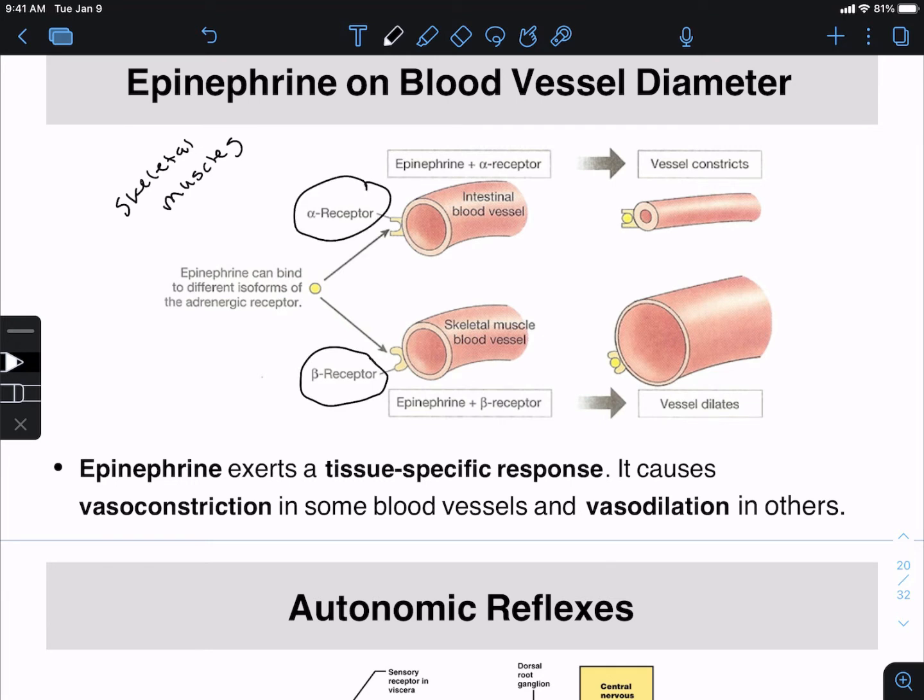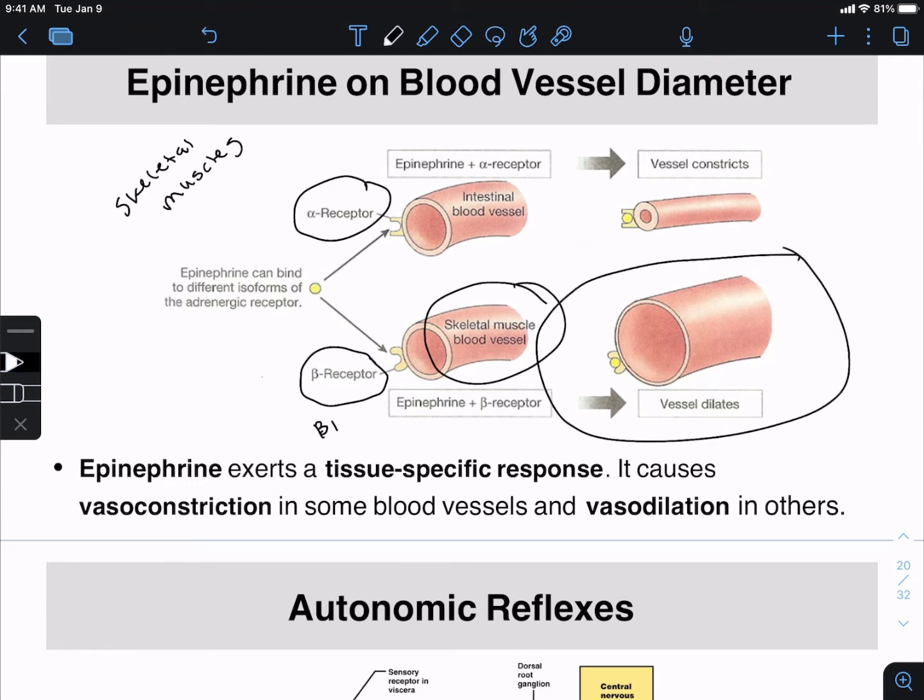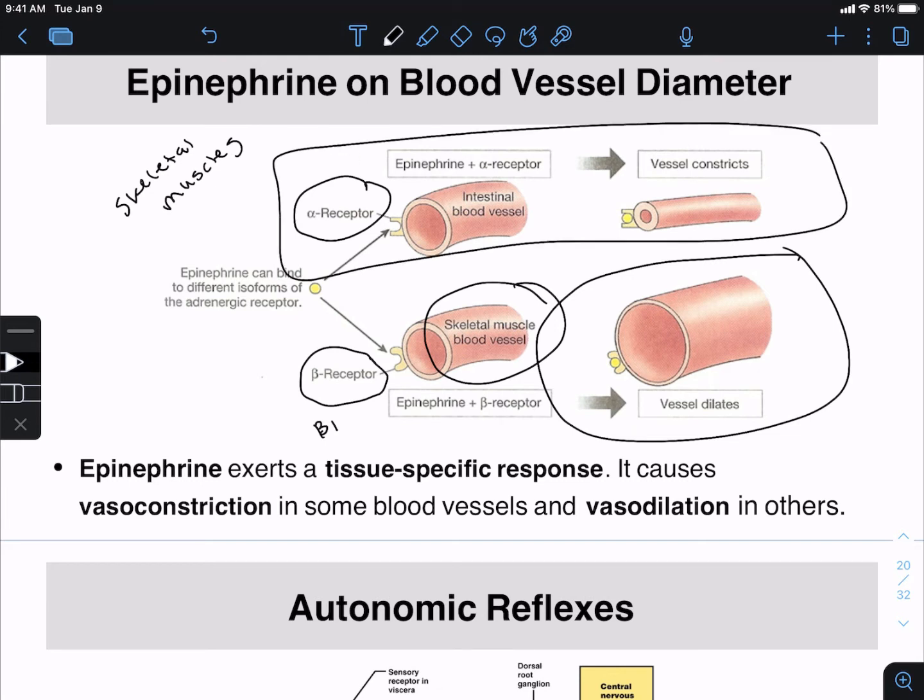So in this case, it would be the beta 1, I think. The beta 1 receptors found in the blood vessels that are in the skeletal muscles. And so when it binds to the beta 1 receptor in the skeletal muscle, epinephrine actually causes the blood vessels to dilate. Meanwhile, epinephrine also reinforces the effect of norepinephrine on the alpha 1 receptors.